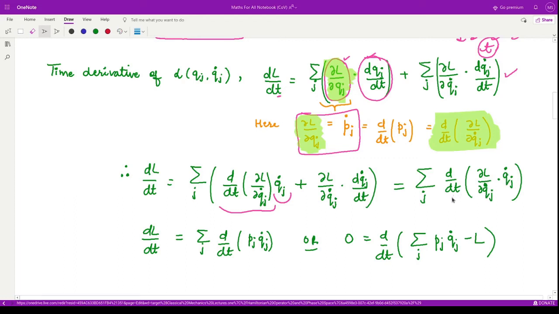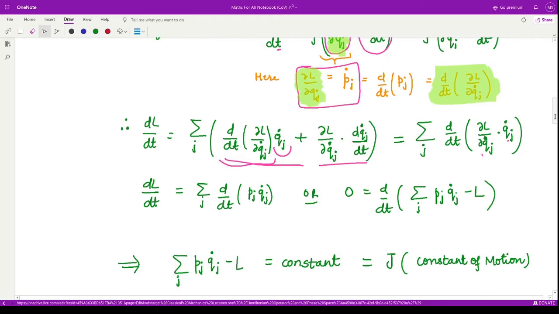When you apply the differentiation on this term, you take the derivative of the first term keeping the second as such, and then keep the first term as such and take the derivative of the second, so you obtain this term. Ultimately, we have dL by dt as such, and then you can write this term as the summation, d by dt as such.